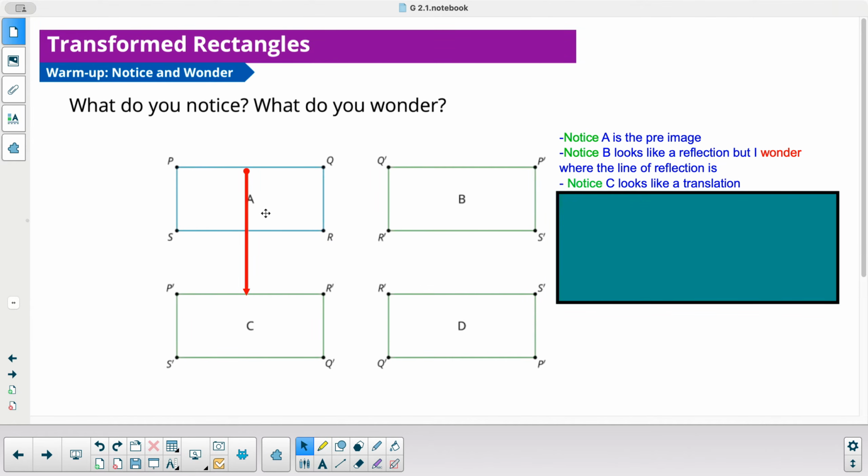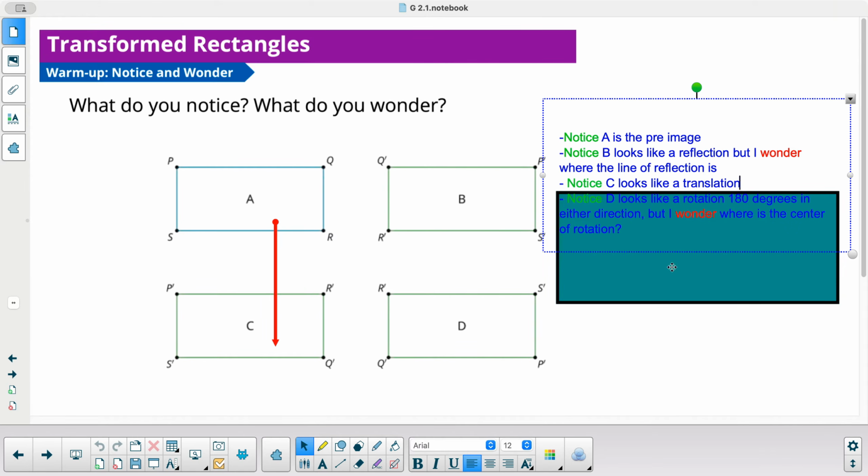So P to P prime, Q to R. So Q goes down here. S to S prime works, but then R. So it actually looks like a translation, but it is not when we look at the directed line segments.